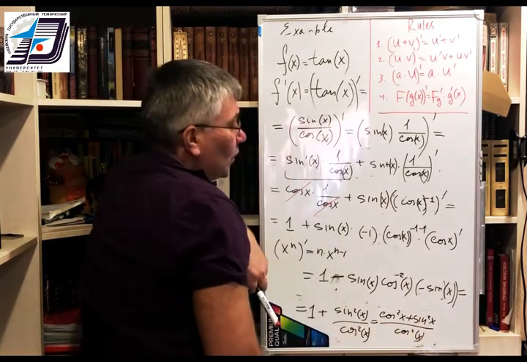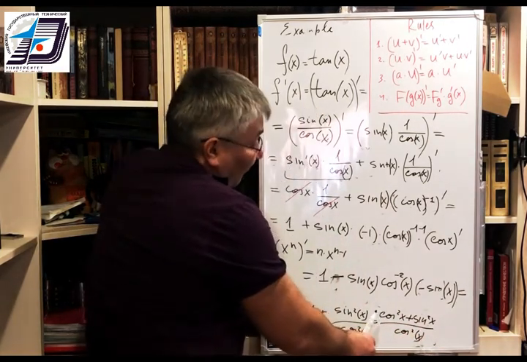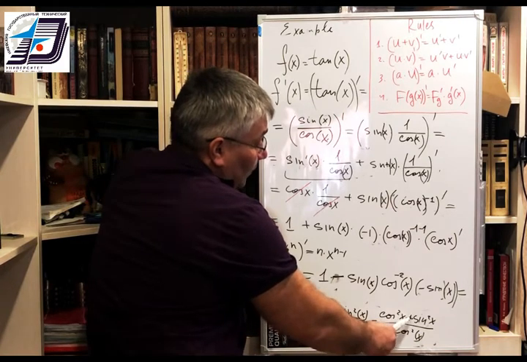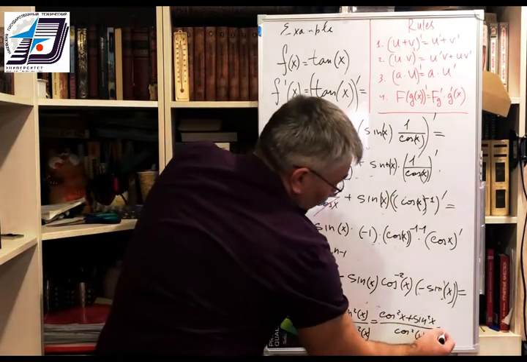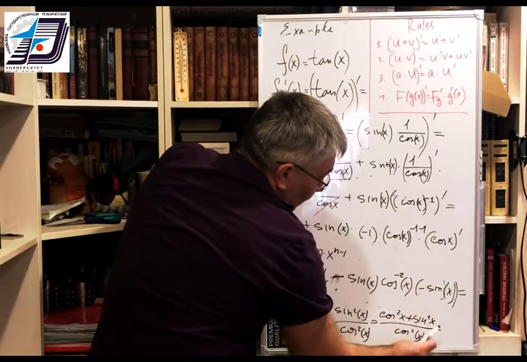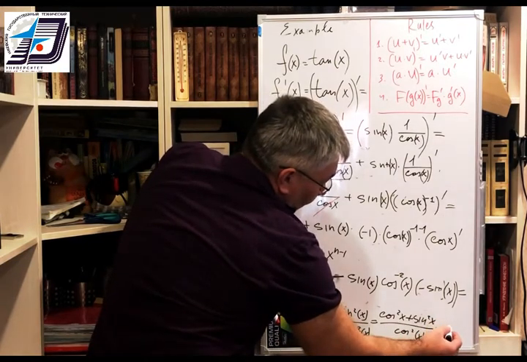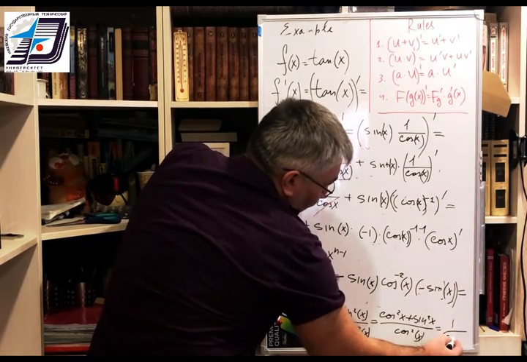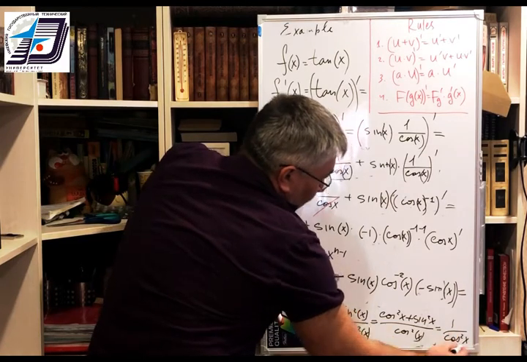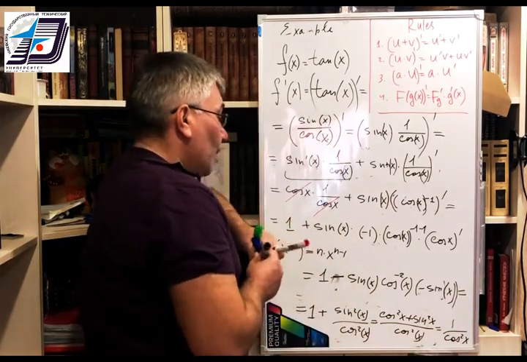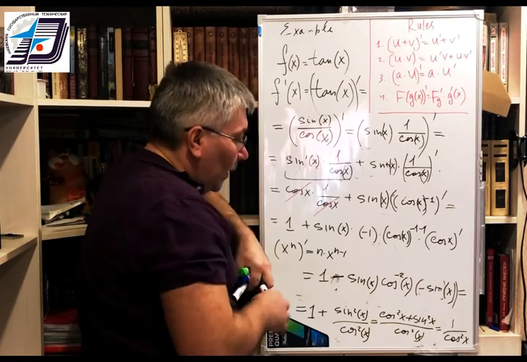If you remember trigonometry, you can notice that cosine squared x plus sine squared x is 1 if they have the same argument as an angle, and it is 1 over cosine squared x.